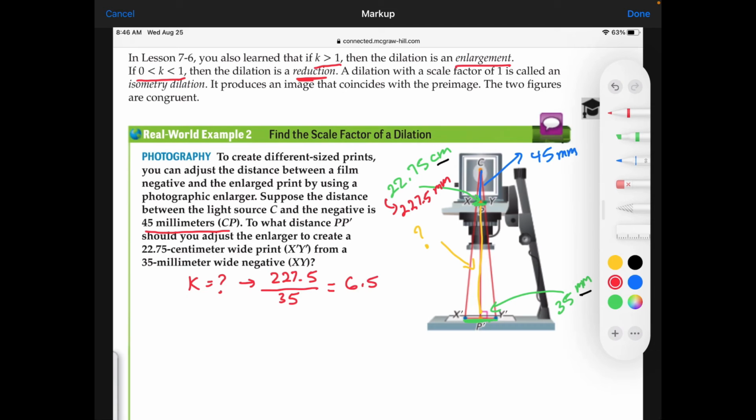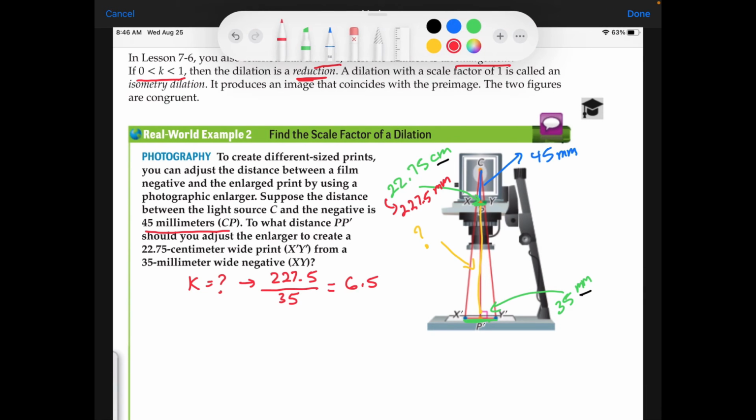Now that we know this, we can apply this. Remember, to make something larger, we multiply it by the scale factor. So we're going to multiply C to P, the 45 millimeters, by the scale factor, and it's going to tell me how far away.